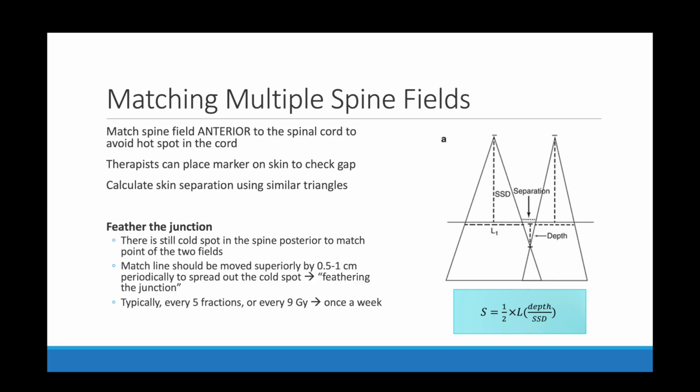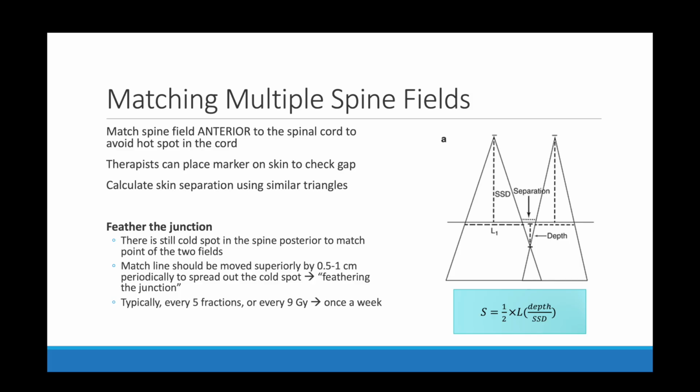From the therapist's perspective, they have the beam and a certain field size, and whatever field size is drawn on the patient's back, inside of the patient that field is going to grow because of divergence. So the fields are matching at a particular depth, but what we see on the patient's surface is a separation between what we're treating on their spine. So the therapist can actually place a marker on the skin and check the skin gap.